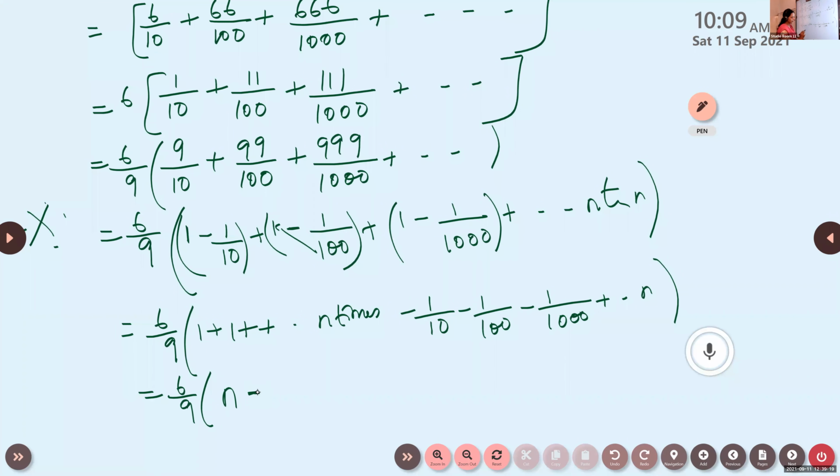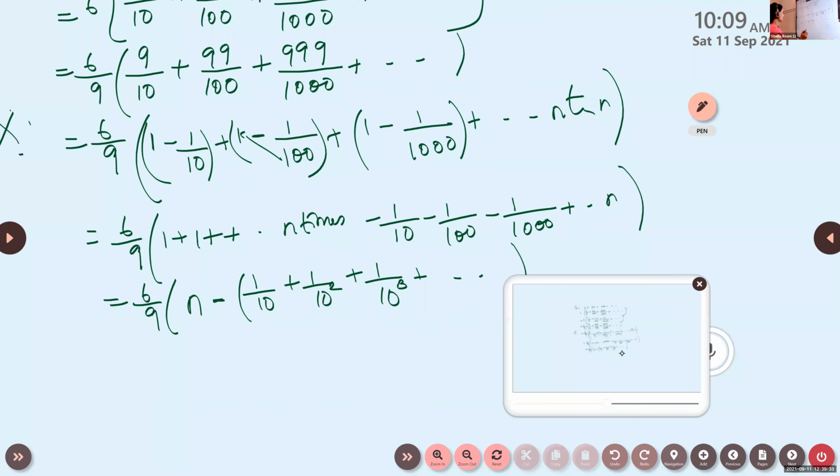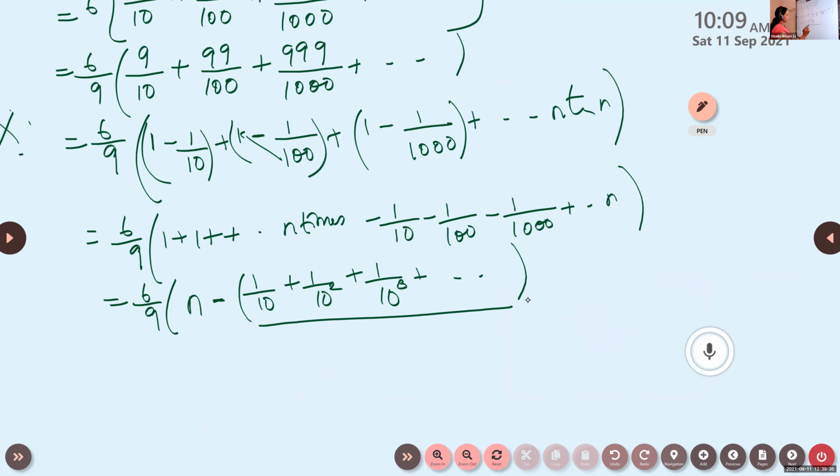From here, if you take minus outside, it will be 1 by 10 plus 1 by 10 square plus 1 by 10 cube plus and so on. So now look here. Is it a GP? Look at the second set of terms. With the first term 1 by 10, common ratio is also 1 by 10, which is less than 1.